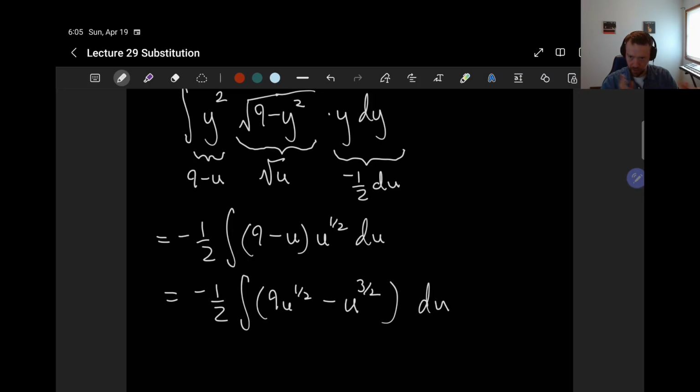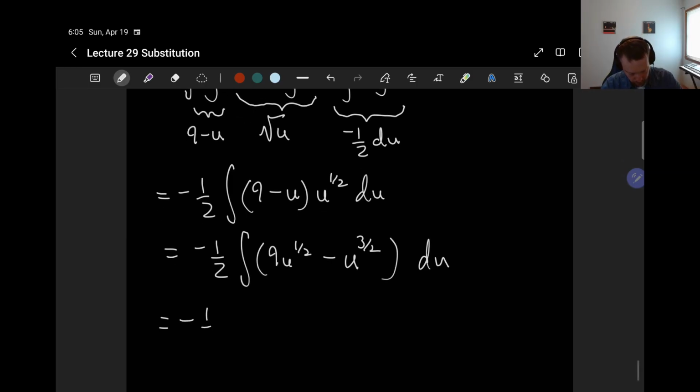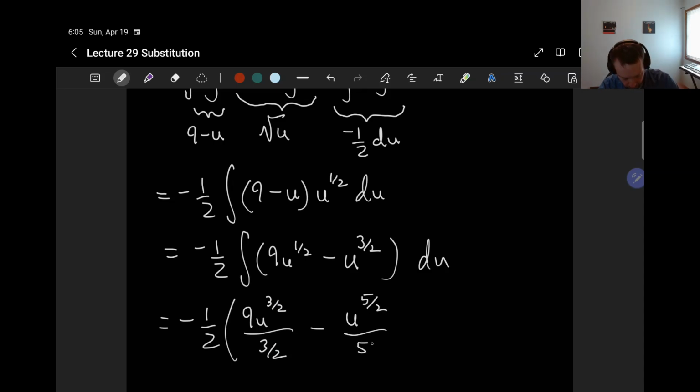And so now I can do power rule on each piece. All right, so get 9u to the 3/2 by adding 1 to that exponent, over 3 halves, minus u to the 5 halves over 5 halves.